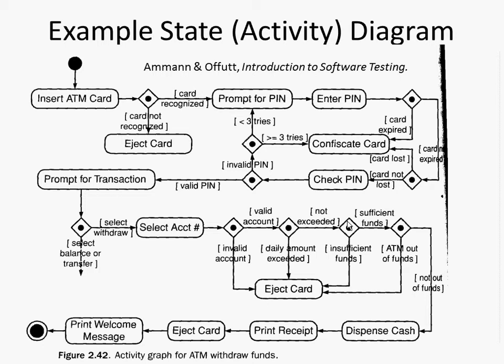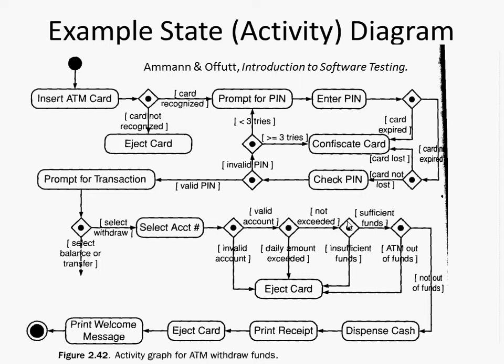So, a person inserts a card, and if it's recognized, it'll prompt them for a PIN, otherwise it ejects the card. If you've stuck in a card for the library or whatever, it'll reject it. Otherwise, it prompts you for a PIN. You can enter the PIN, and if the card's expired, it will confiscate the card. Has anyone had that happen before? Yeah, it's kind of interesting.